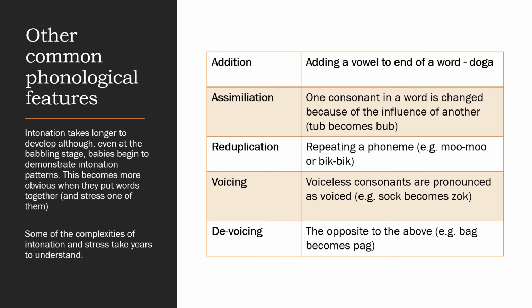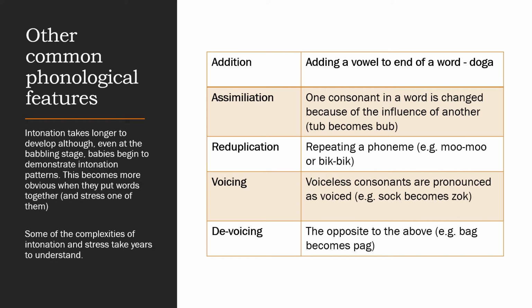Assimilation next then. This is when one consonant phoneme affects a phoneme next to it or very close to it. Here we have the example tub, which becomes bub.